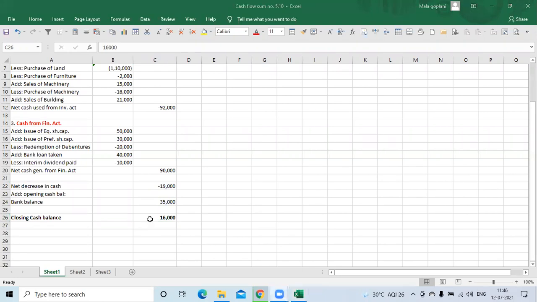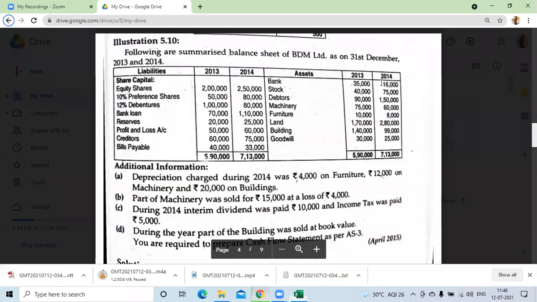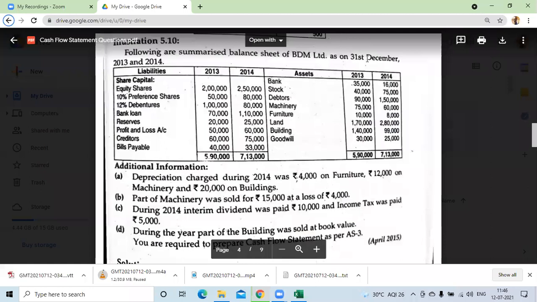So you need to check in the question, what is our closing balance? What is the closing balance of cash, bank? Yes, am I audible? Yes, ma'am. So what is the closing cash balance in the question? 16,000, ma'am. 16,000, very good.